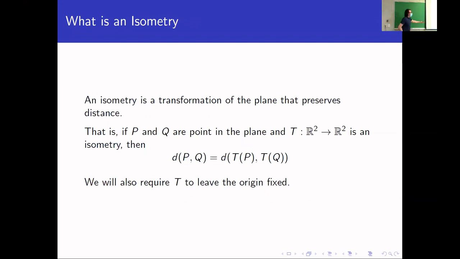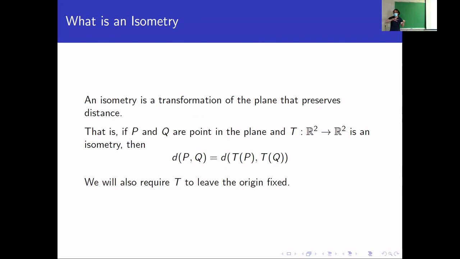An isometry, for the purposes of this talk right now, is a transformation of the plane that preserves distance. If you apply the transformation to any 2 points, the images of the 2 points have to be the same distance apart as the original 2 points. Now, that actually lets in a kind of can of worms.